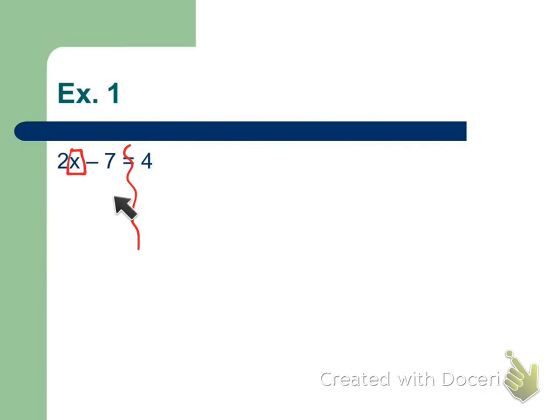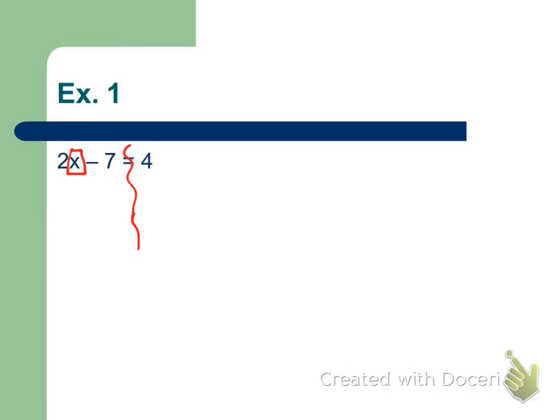Is there anything that I can simplify on the left? Can I take 2x minus 7 and make that any simpler? No. Can I simplify 4? Is there anything to do to 4 to make it any simpler? No, it's just a number. It's just going to be there. So I can't simplify on this one. There's nothing to combine like terms or anything.